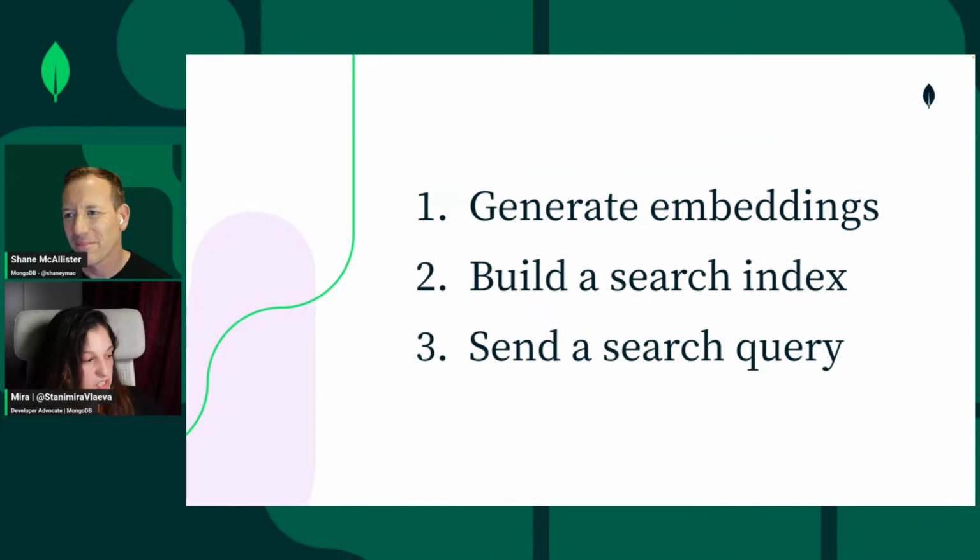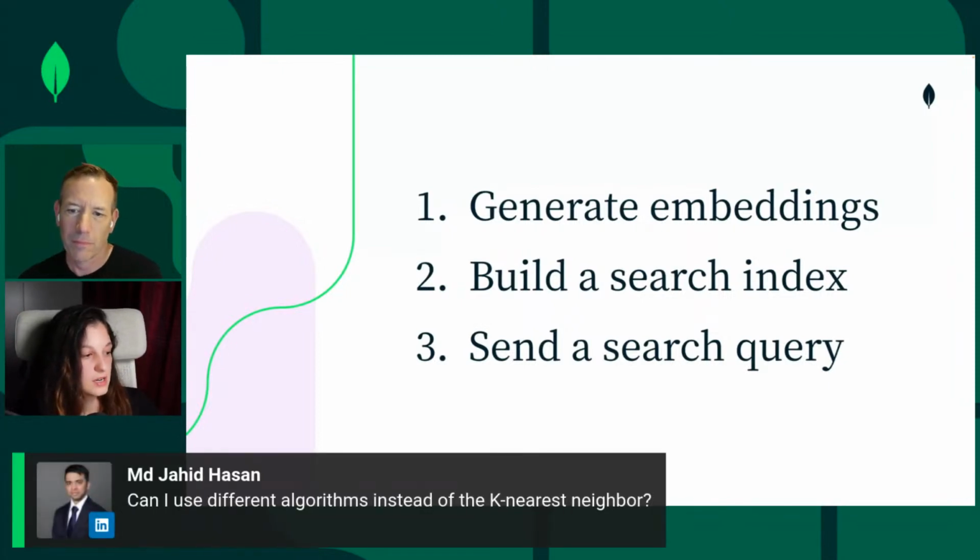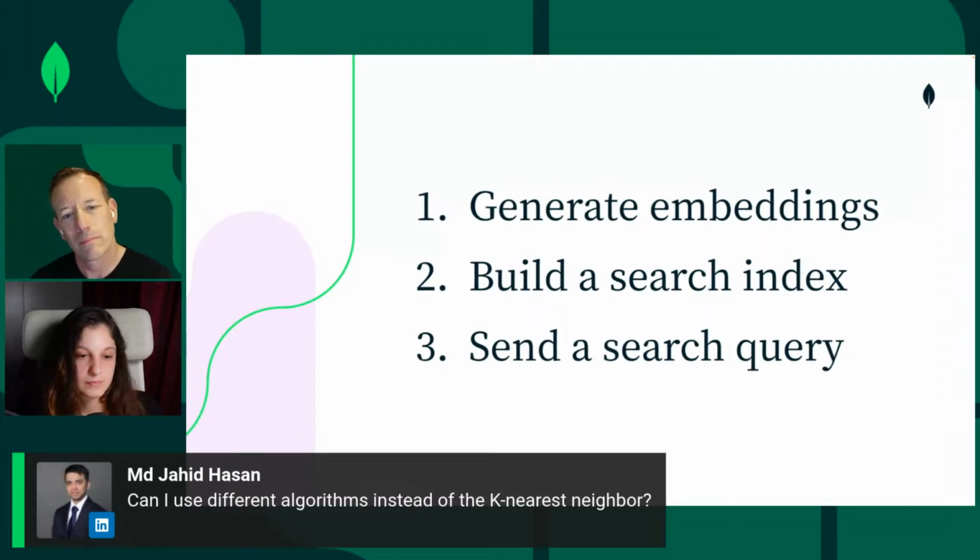I saw a question here. We're going to get to that later. Someone is asking if you can use a different algorithm instead of k-nearest neighbors. We're going to get to that when we go to building a search index.